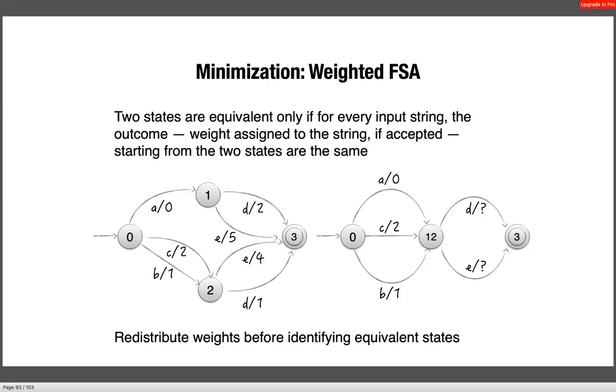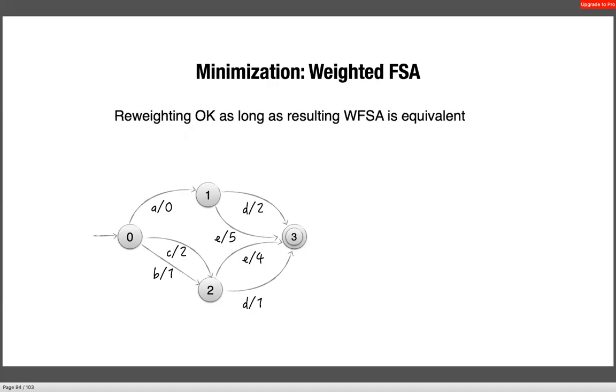To be able to do this equivalent state identification, first you will need to redistribute the weights, also known as weight pushing. And we know that reweighting is okay, like we're not messing with the resulting machine. It'll be okay as long as the resulting machine is equivalent.